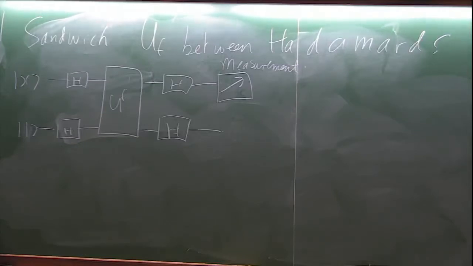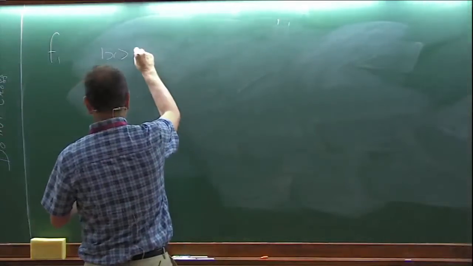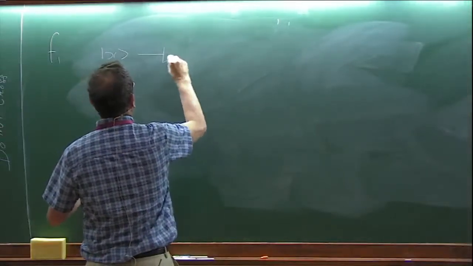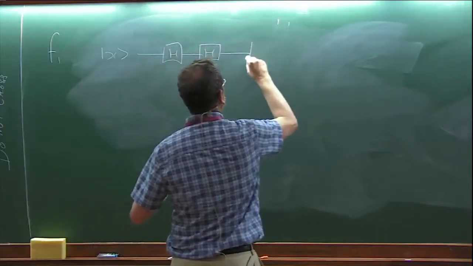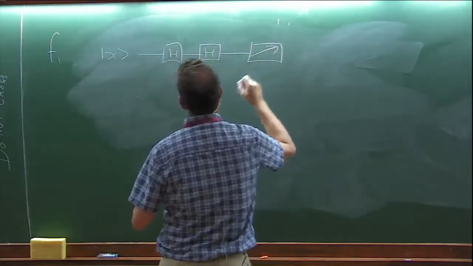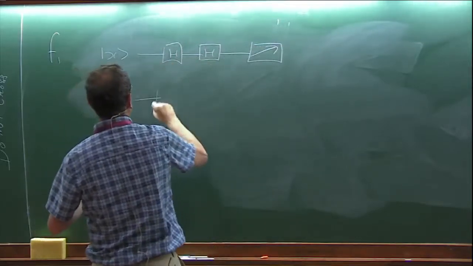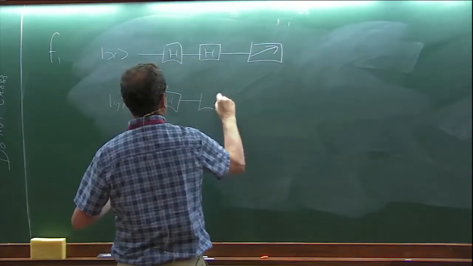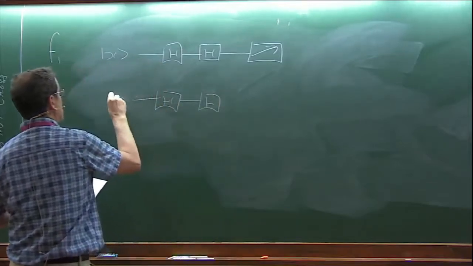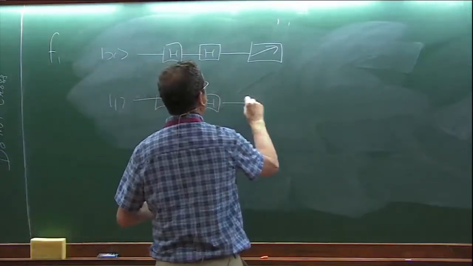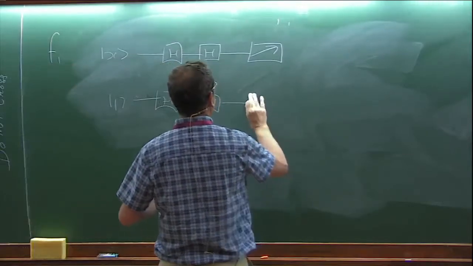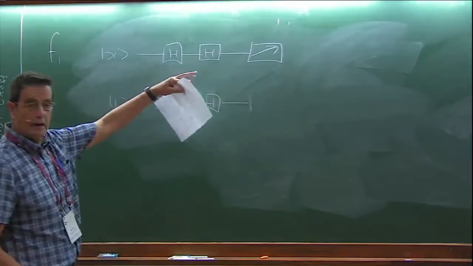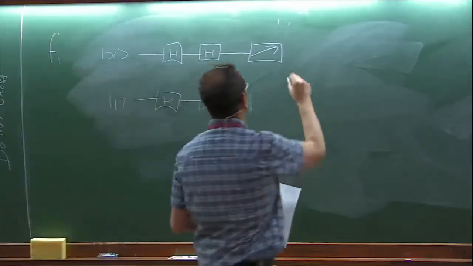Okay, so for F1, on the upper qubit x, we just have a Hadamard, and then another Hadamard, and then we have our measuring gate. And for y, the lower one was 1. So we know that the 2 Hadamards just give the identity.